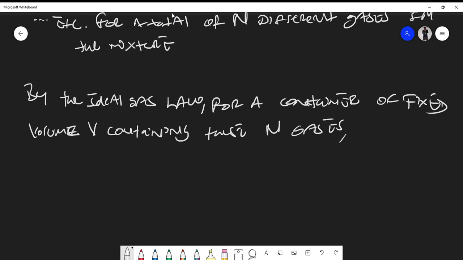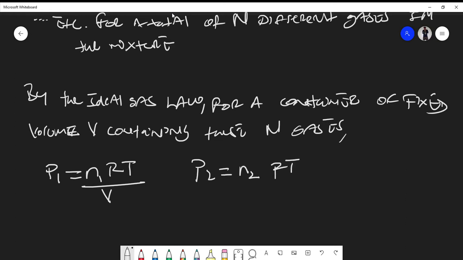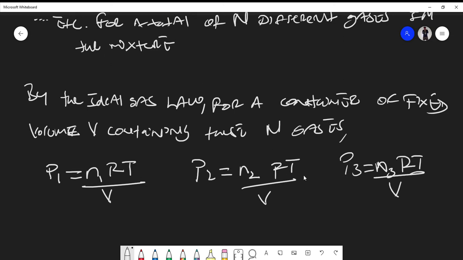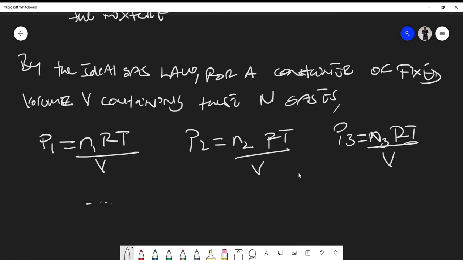We could say P1 is equal to N1 times RT divided by V. Or we could say P2 is equal to N2 times RT over V, or P3 is equal to N3 times RT over V, and we could go all the way on.